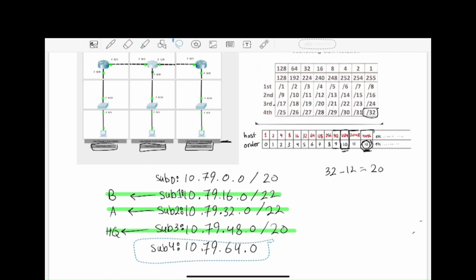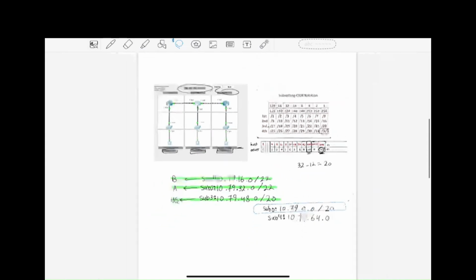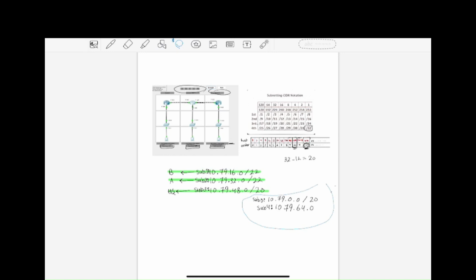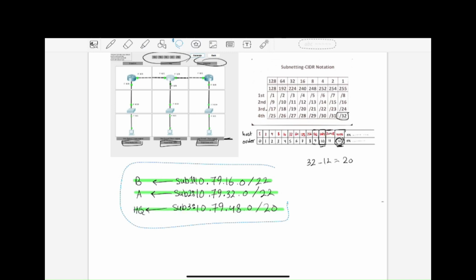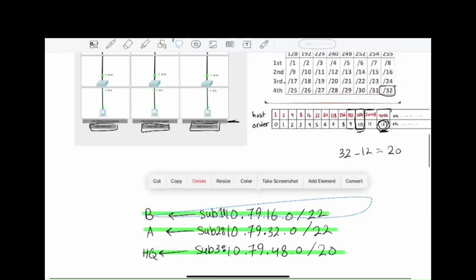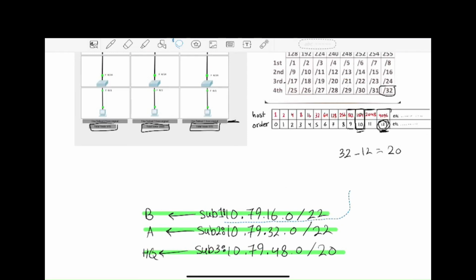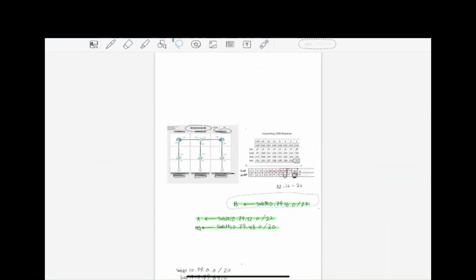We're not going to use the fourth subnet and subnet 0, so let me put them away for a moment. And now I can put this one here.